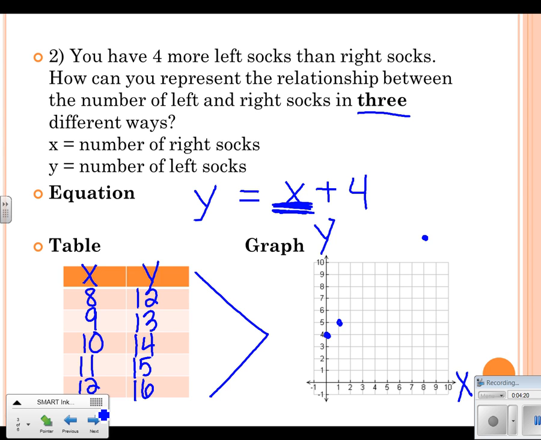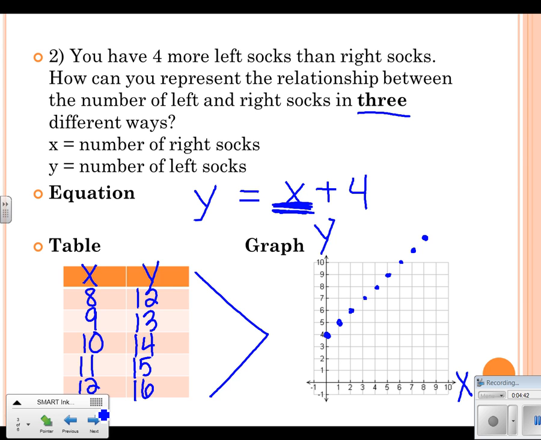Put in 2, 2 plus 4 is 6. Put in 3, 3 plus 4 is 7. Put in 4, 4 plus 4, 8. 5 plus 4, 6 plus 4, 7 plus 4. And then you'll see I'm to my 8, 12 ordered pair.